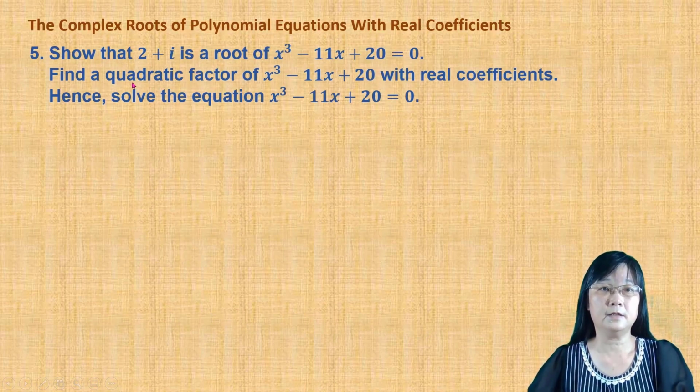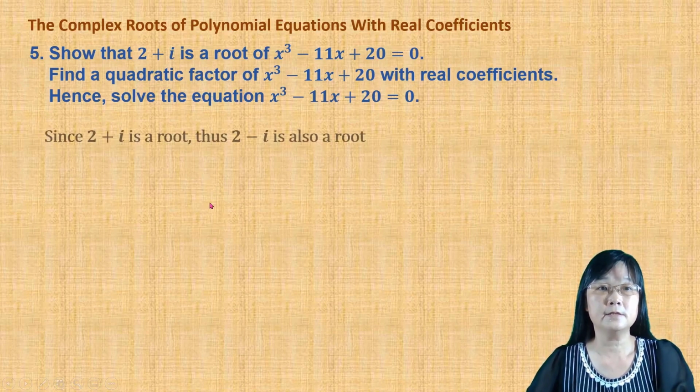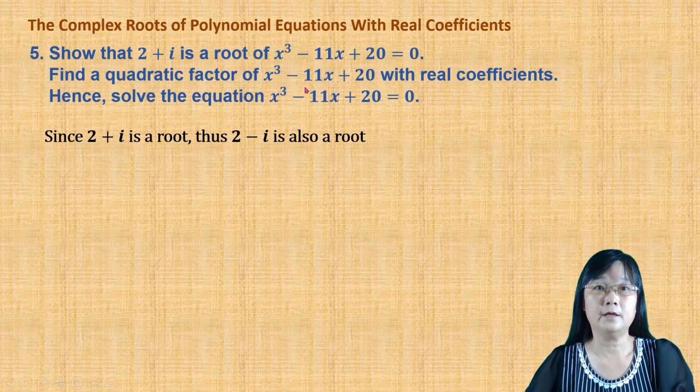Next, find a quadratic factor of this polynomial with real coefficients. Since 2 plus i is a root and the polynomial has real coefficients, meaning we don't see any imaginary number in the polynomial, 2 minus i, the conjugate of 2 plus i, is also a root.